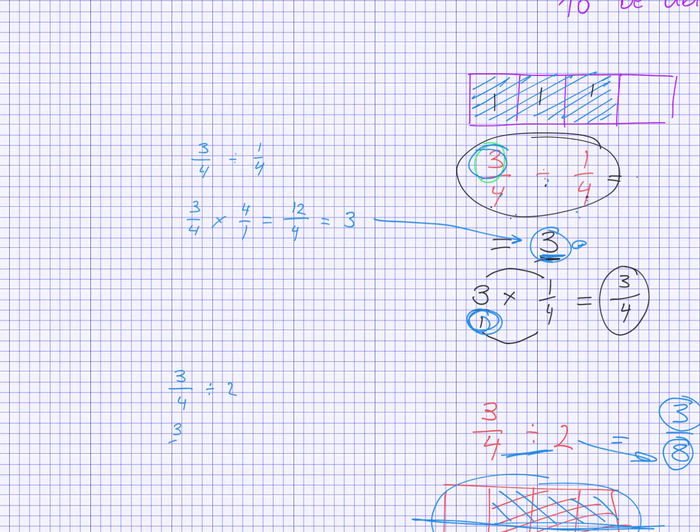So again, 3/4, divide change to a multiply, we take the reciprocal of the second. 2, you might remember, is the same as 2/1, so the reciprocal is 1/2. So then numerator by numerator gives us 3, denominator by denominator gives us 8, and there is the same answer.